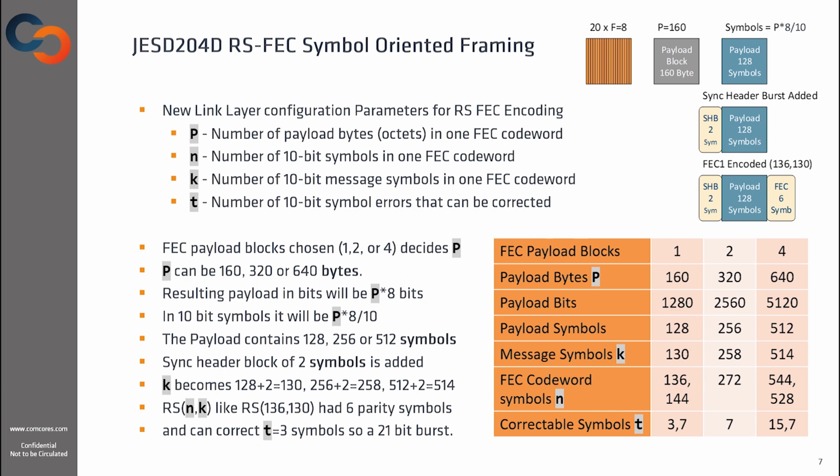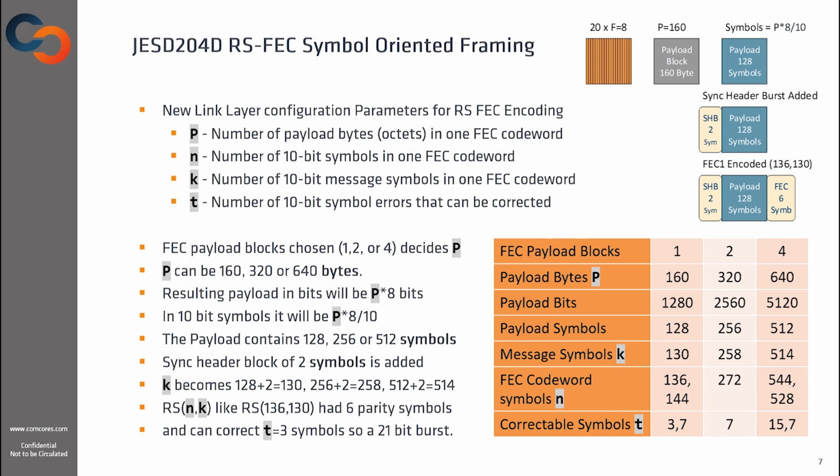These 10-bit symbols are the units of data that the RS-FEC uses, so we must do this conversion to understand the parameters. You can also see this when the FEC is defined like RS-FEC 136-130. The numbers here indicate the number of symbols in the FEC code word, 136, and the number of message symbols, 130.